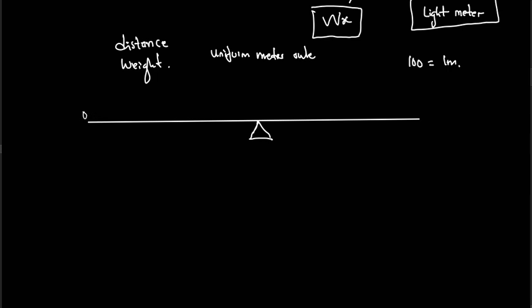So this is going to be the 0 mark end, and this is going to be the 100 mark end. So a uniform meter rule will balance horizontally at a point that is half the distance, which is 50. Half of 100 is 50. So at a point 50 cm, we can balance a meter rule horizontally, and it will stay without tipping to either sides.